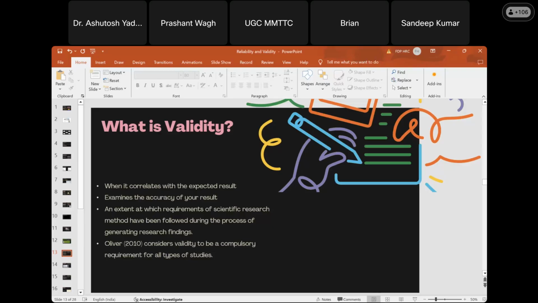For example, if you're measuring distance or depth, valid answers are likely to be reliable also. But the problem crops up in the social sciences, where one is not the indication of the other. For example, most people believe that people who wear glasses are smart.